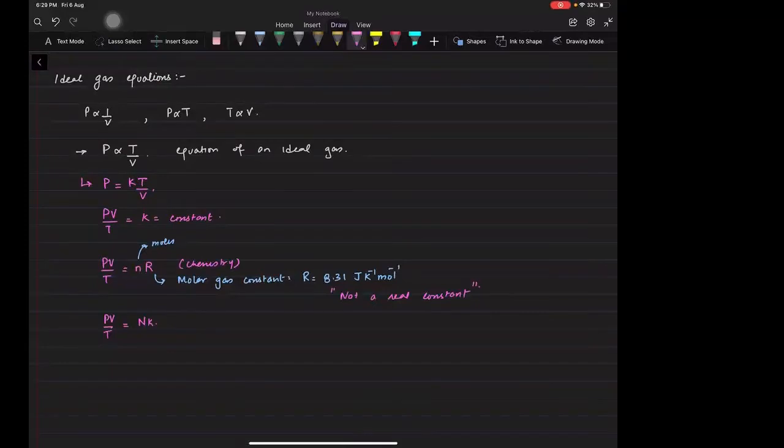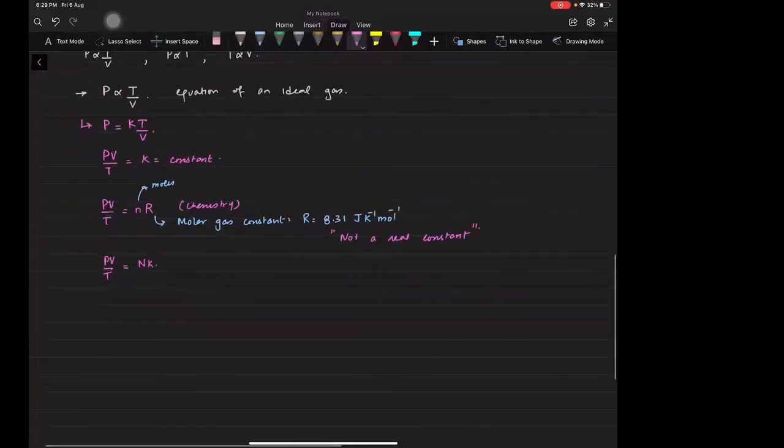Now let me just give you what exactly this is. This N is the number of particles, because actually physically we can see the particles, and K is the Boltzmann constant, which is actually the real constant which he gave.